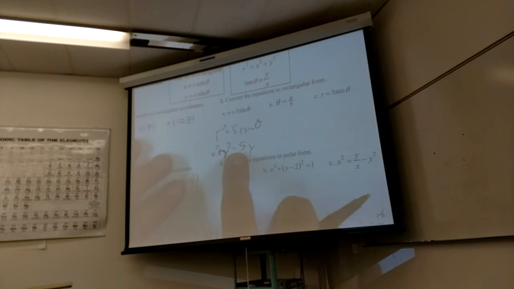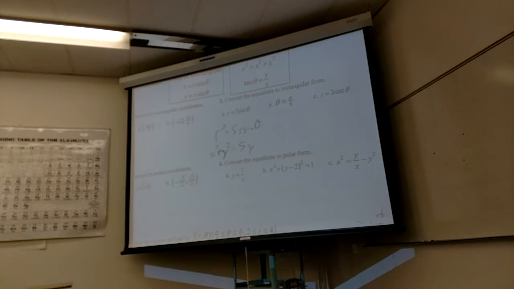A circle. It's a circle for sure. Where's the center? What's the radius squared? The y pieces aren't all together, so it's not in the right form to tell anything. You'd have to subtract the 5y and then do what? Complete the square. I love it.